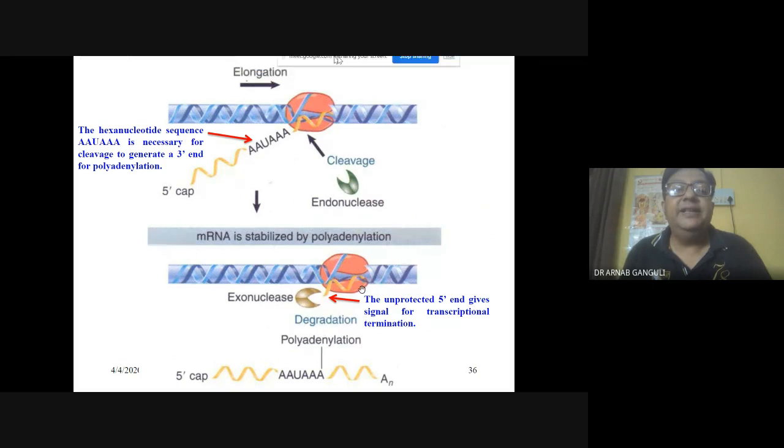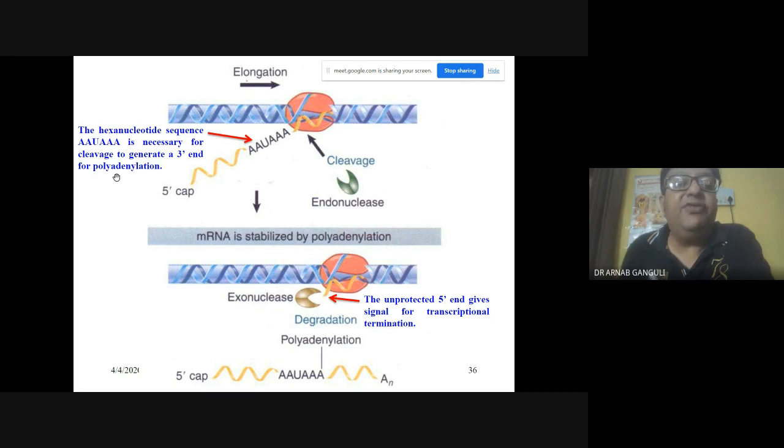The hexanucleotide sequence AAUAA is necessary for cleavage to generate a 3' end for polyadenylation. The moment this particular sequence comes, an endonuclease comes and does a cleavage over here. And then the mRNA is stabilized by polyadenylation. A is added again behind it.